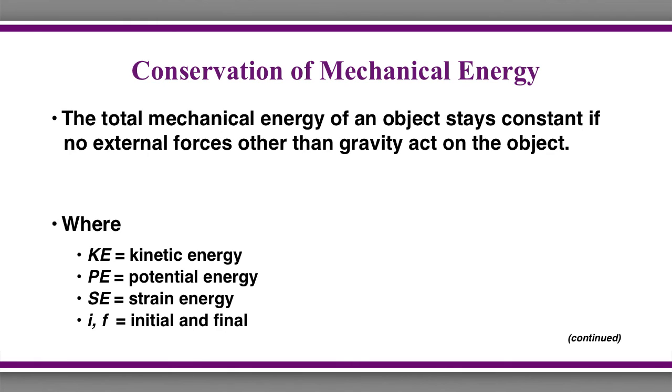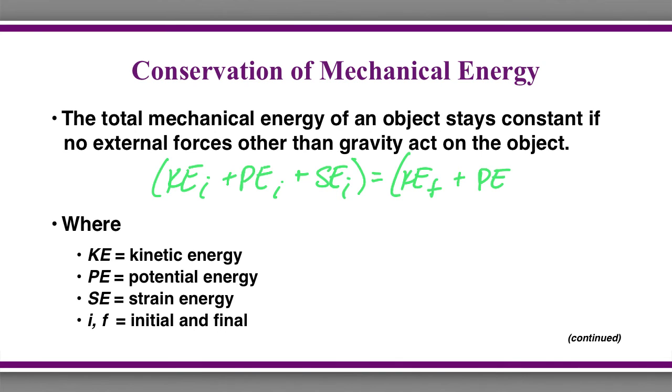So, mathematically, this would look like initial kinetic energy plus initial potential energy plus initial strain energy is going to be equal to final kinetic energy plus final potential energy plus final strain energy, where K is kinetic, P is potential, SE is strain, and of course I and F are equal to the initial and final states of each of these.